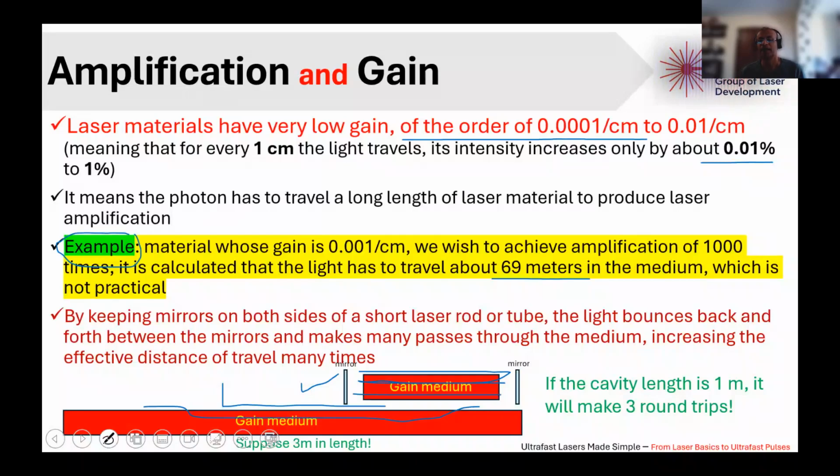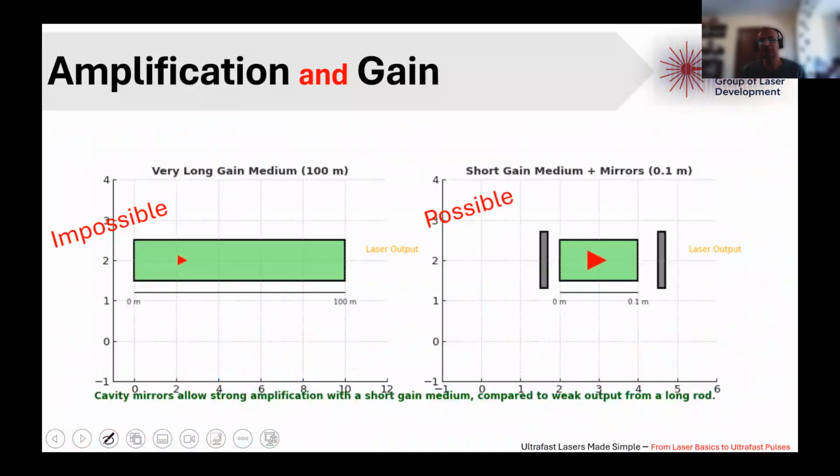The same thing is mentioned in this figure: whether to have a very long gain medium, which is not practical, or to have the cavity mirrors. Same thing here, just to animate it: this is 1 meter, 100-meter long gain medium.